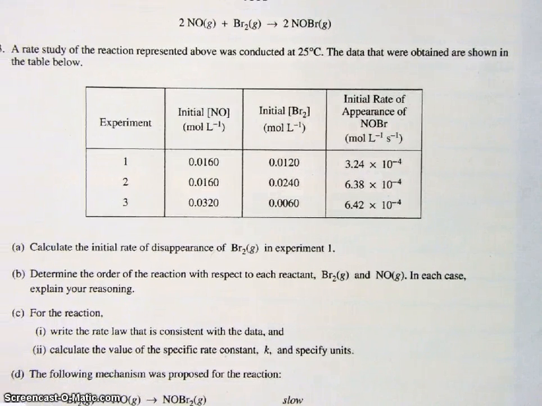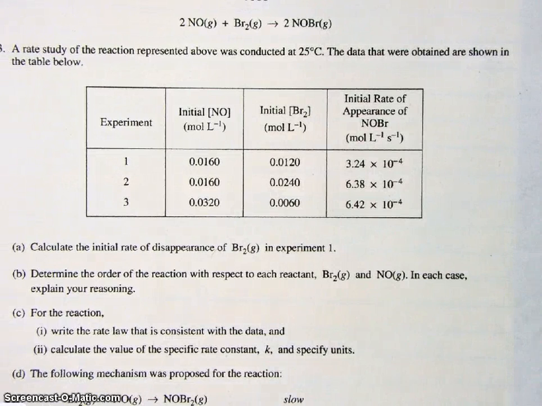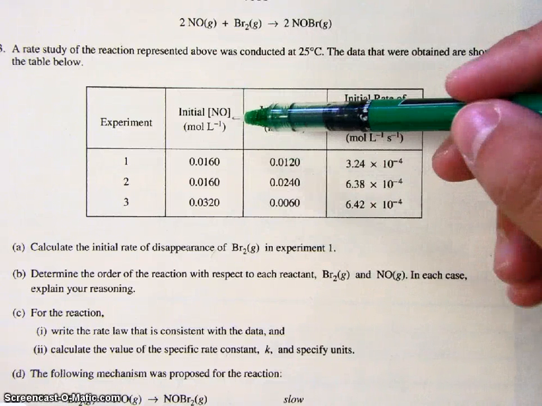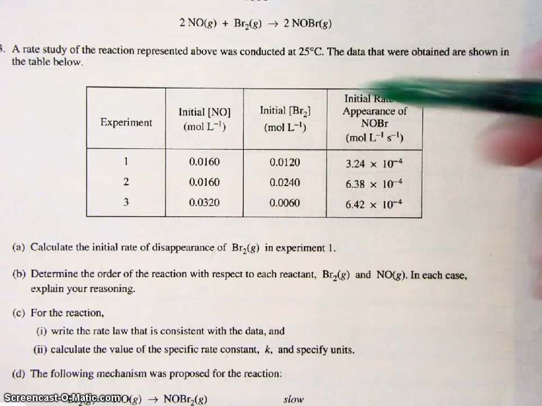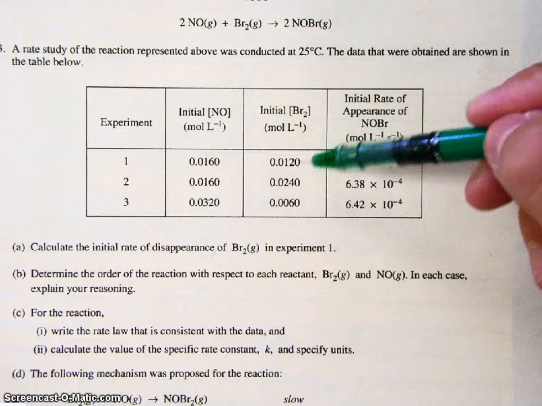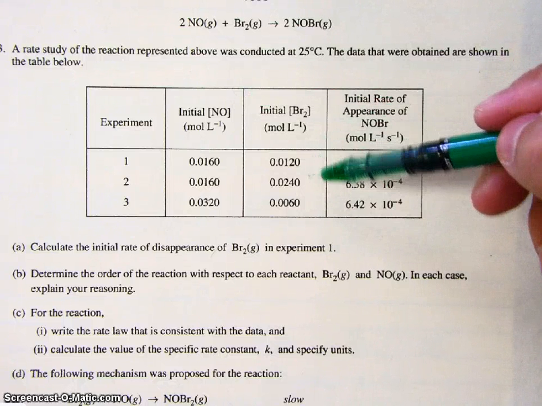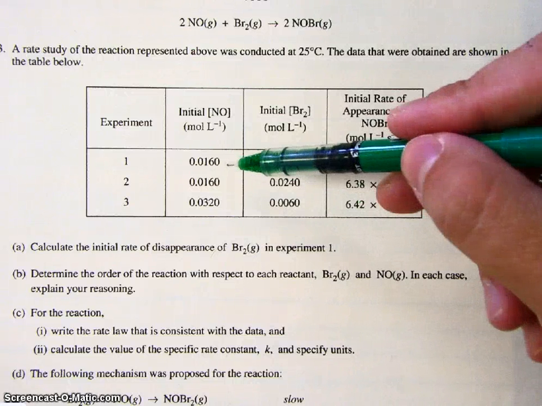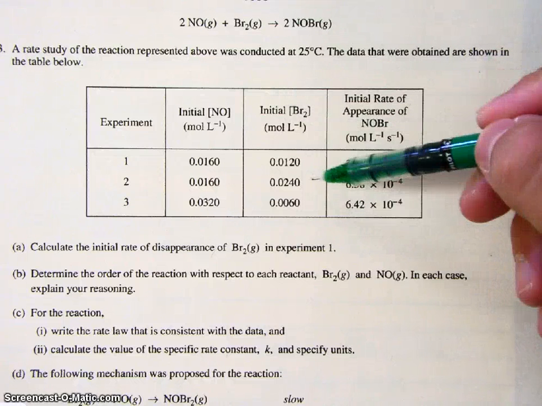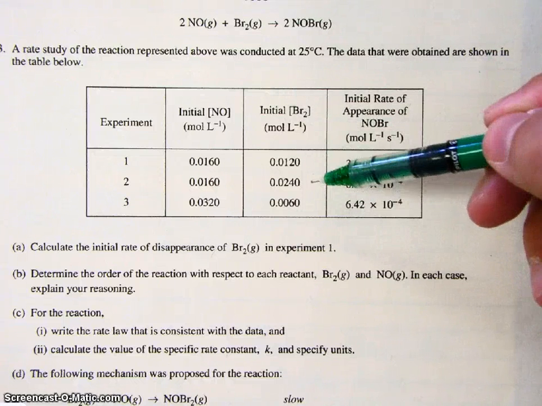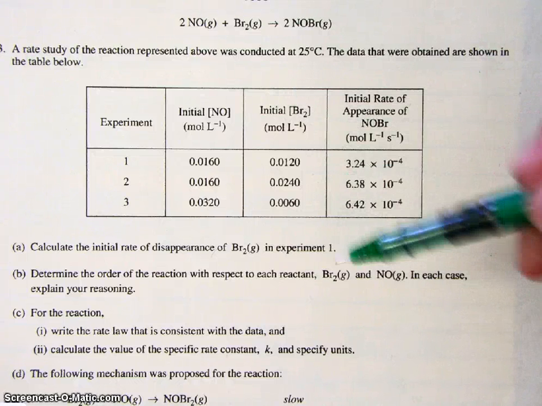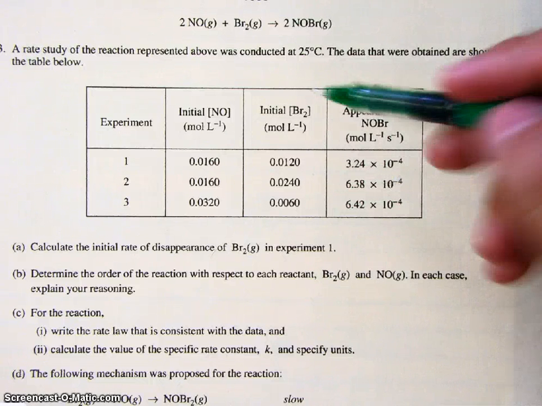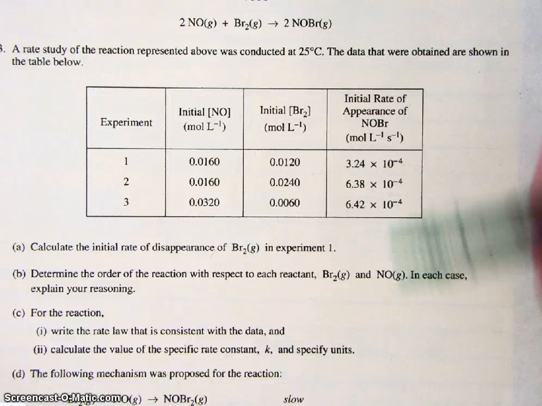That's just confirming what the no meant. But now what we're going to say is that the proposed mechanism should have a rate law of, and now I'm just going to write down what that proposed rate law should have been if it had been true.